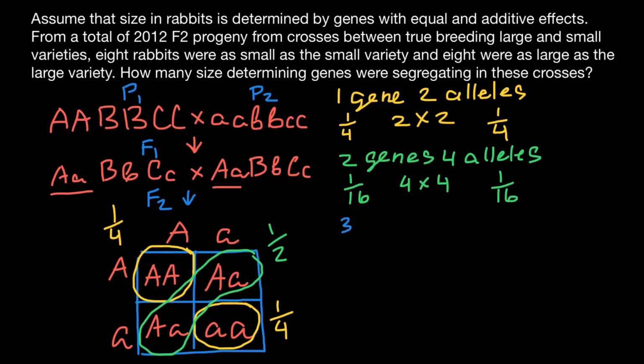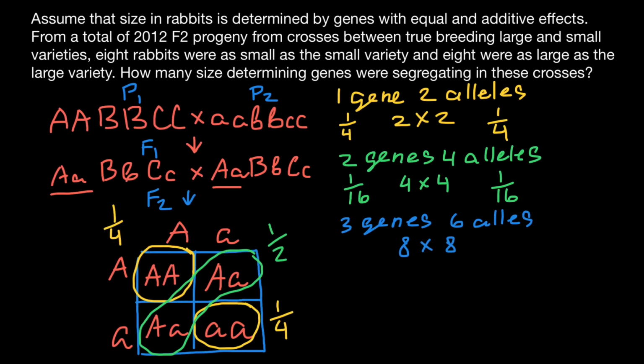Now let's take another model with 3 genes. I didn't show you, but we just would follow this logic. 3 genes are going to produce 6 alleles. And our Punnett square is going to be 8 by 8 cells.